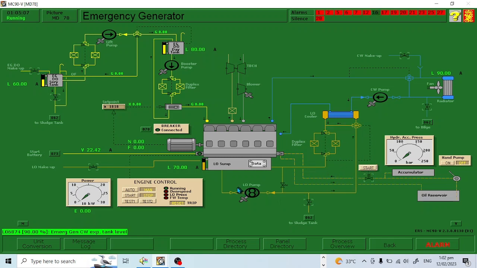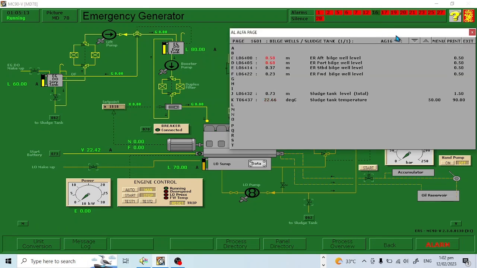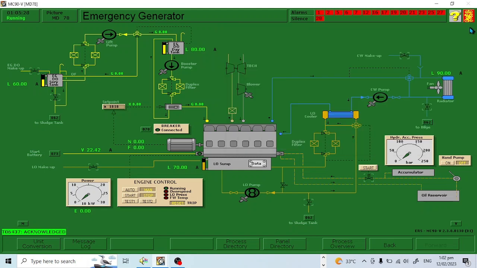So before you start, for example, here the generator, this can be started. We have alarms, so we have to acknowledge that alarm by pressing right click, and since this is not really important now, we close this alarm. Then we can proceed with our task of starting the emergency generator.